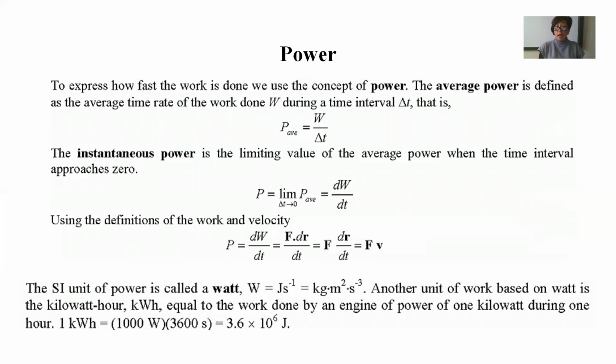It is equal to the first derivative of work with respect to time. Using the definition of work, work is force multiplied by displacement, and displacement divided by time is velocity. So the final formula of the instantaneous power is force multiplied by velocity.